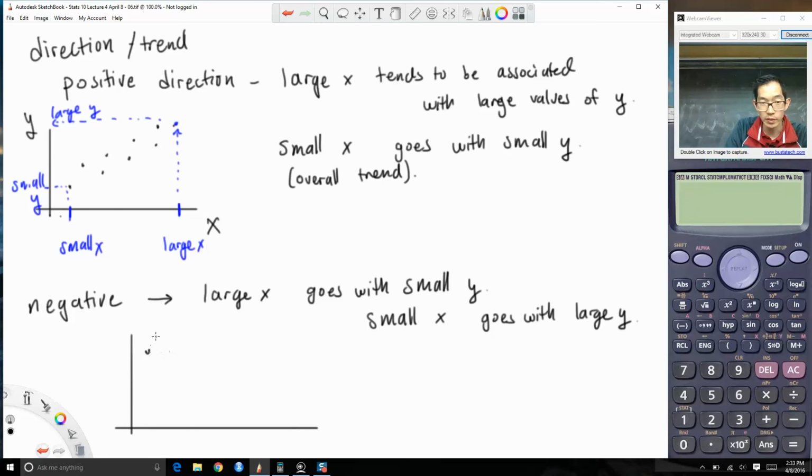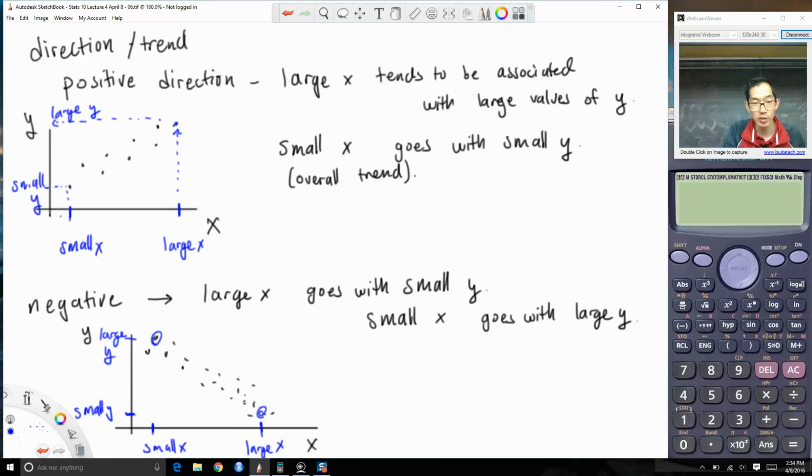So we would have something like this with x and y, and large x here goes with small y, right? These data points out here, okay? And over here, small x goes with large y.